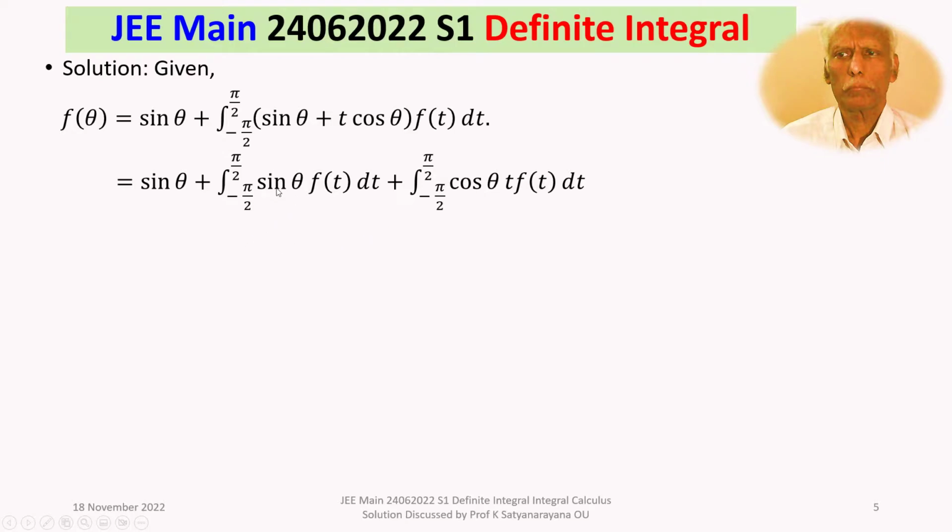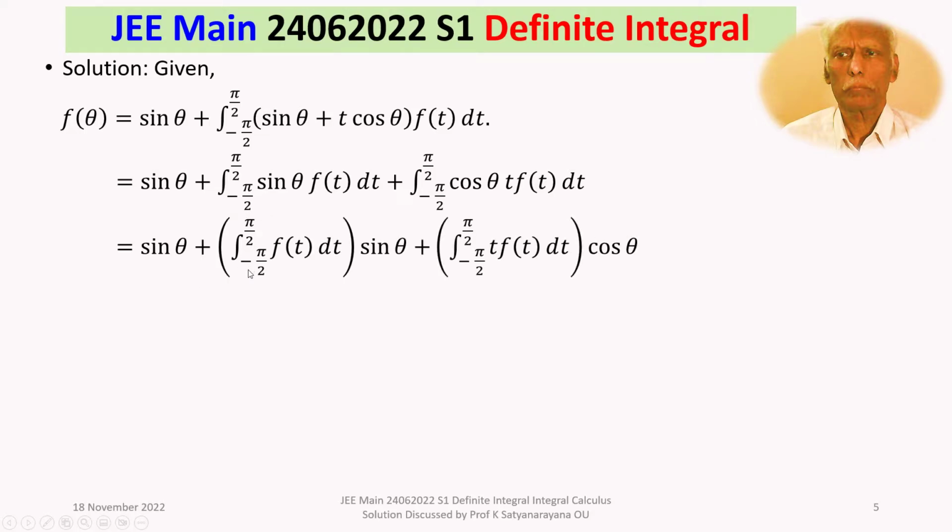Now sine theta comes out because the integration is with respect to t. So that is equal to sine theta plus, in brackets, integral minus pi by 2 to plus pi by 2 f of t dt, sine theta comes out, plus so also cos theta comes out, integral minus pi by 2 to plus pi by 2 t f t dt cos theta. Agreed.